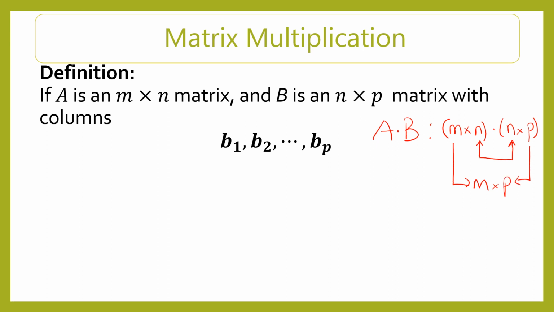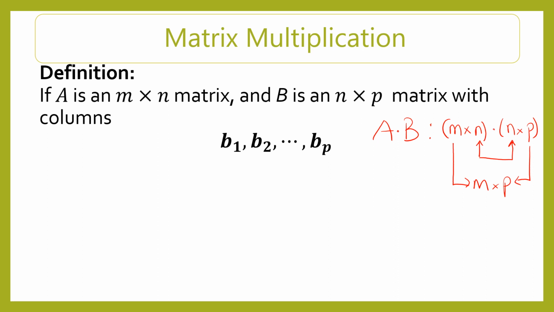Okay, so again, keep it in mind, the compatibility rule must first be satisfied, otherwise it doesn't make sense to multiply two matrices. So as a matter of emphasis, if I want to multiply A by B, that is A times B, the columns of A must be exactly the rows of B. That's when it makes sense.